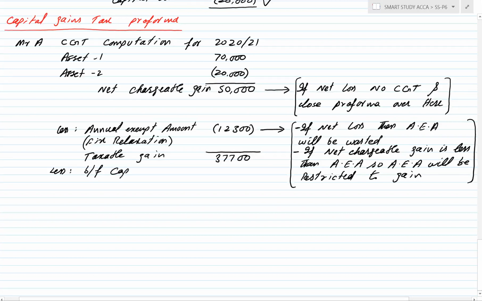Brought forward capital loss. Please remember, first you need to deduct the annual exempt amount. If you have remaining gains, only then you can deduct your brought forward capital losses. So suppose we don't have any brought forward capital losses, so our taxable gain is 37,700.